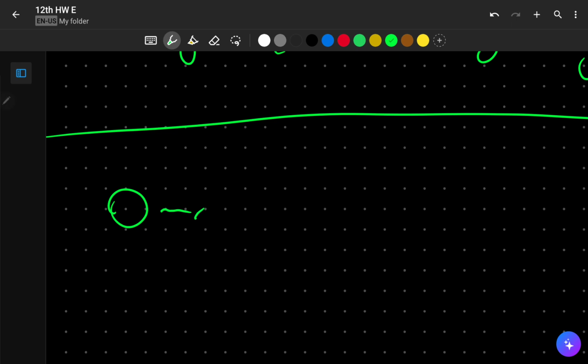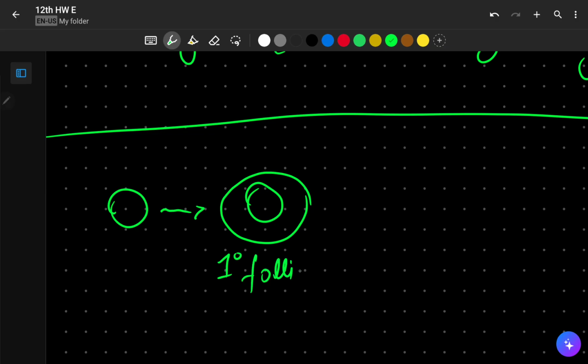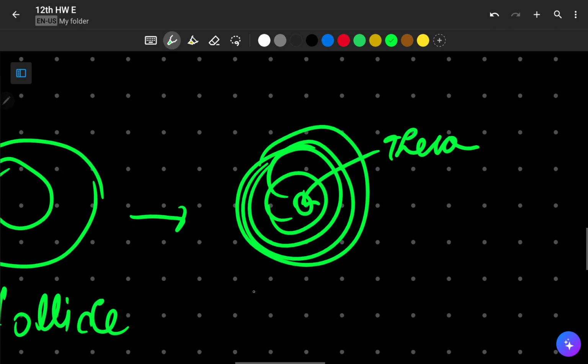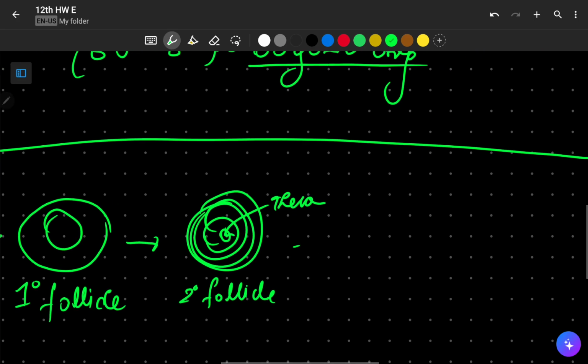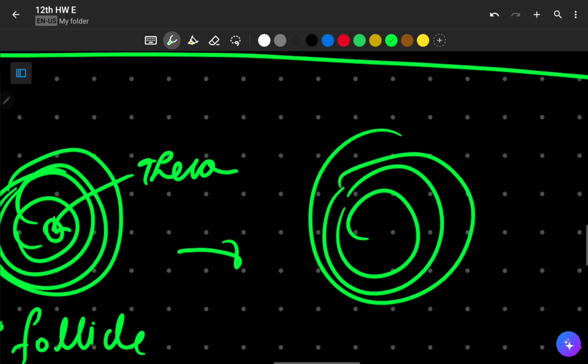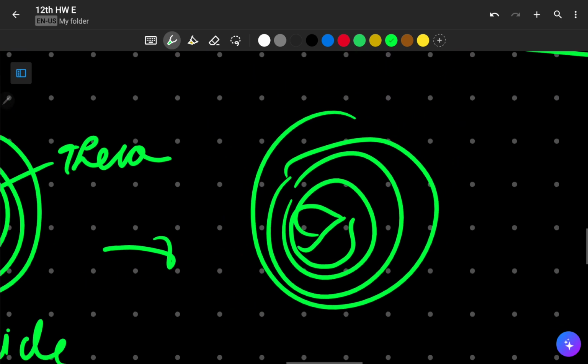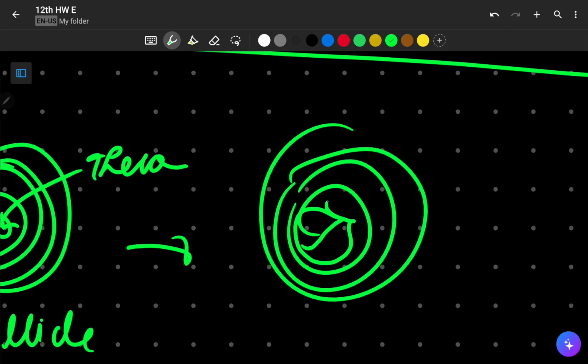Now, in this oogonia, if we add a layer of granulosa cells, this is called the primary follicle. And now, if you add some more layers of granulosa cells, along with that, if you add something called a theca, it's called a secondary follicle. And now if the theca arranges itself in the form of an internal and an external layer, while also having an antrum.